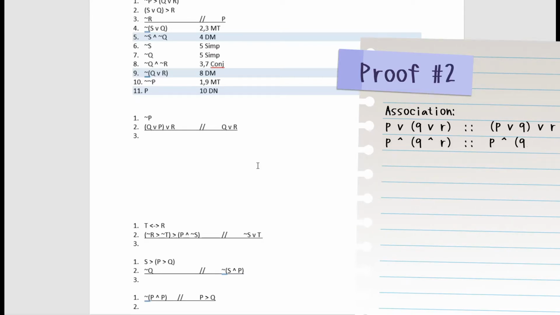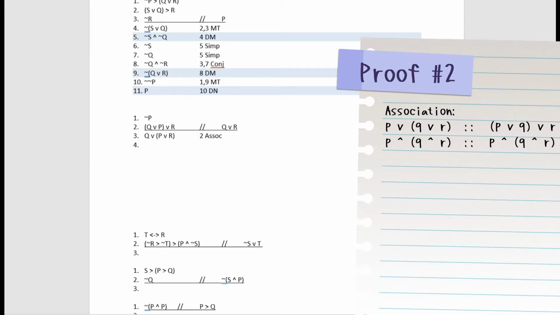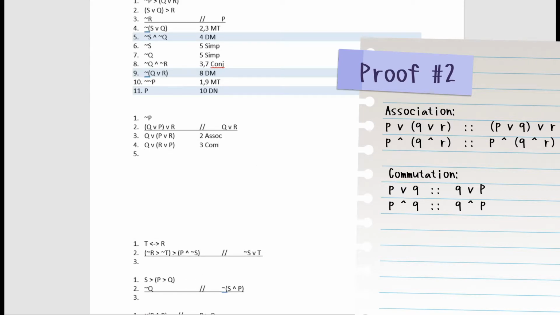Let's do an association. Remember, please don't put as there, just put assoc. And then we can do a com on the inside of the parentheses. This is the biggest difference between rules of implication and rules of replacement, which is that you can use rules on parts of lines rather than having to use rules on the full line.